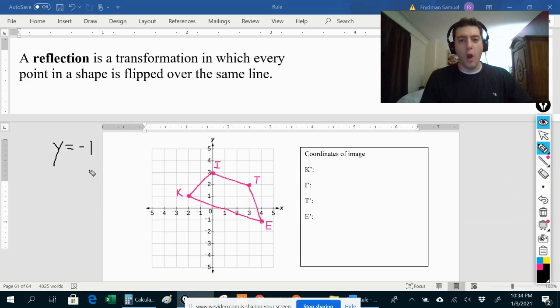What is the line y equals -1? That means that the y coordinate of every point on that line is equal to -1. So no matter what x is, no matter what the x coordinate is, the y coordinate is -1. So that would be a line that looks like this.